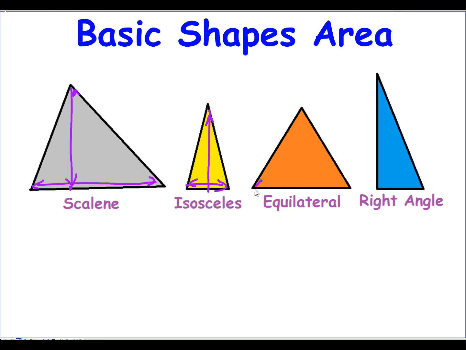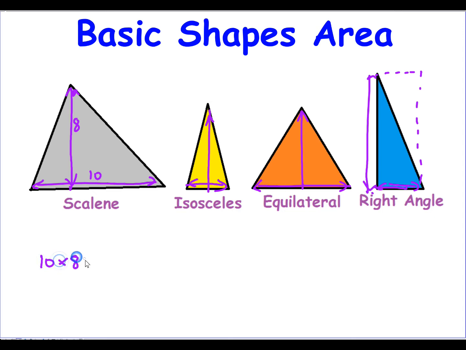It doesn't matter which type of triangle you have, it's these 2 dimensions that will give you your area of your triangle, but you then need to halve them because a triangle is half a rectangle. So you need to multiply the base by the vertical height and then you need to divide it by 2.